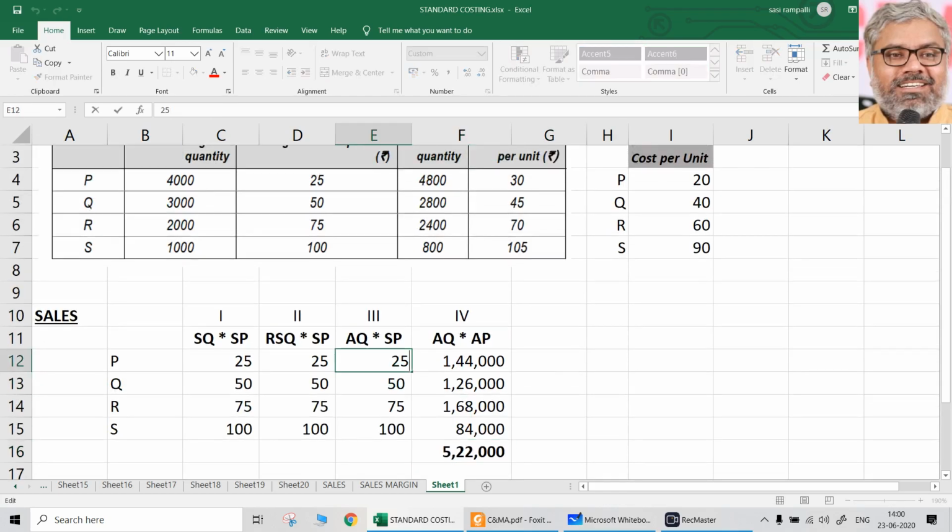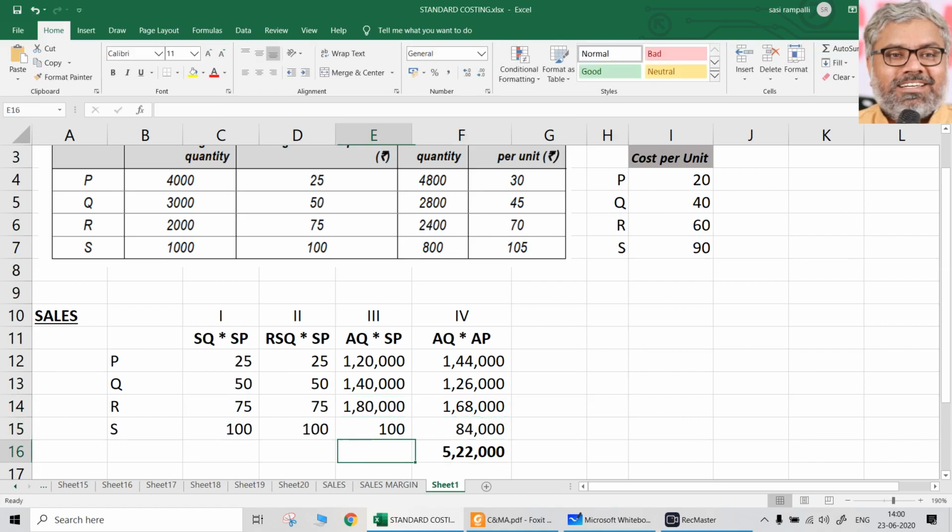Then AQSP also, here we can have the same thing: 4,800 AQ for product P, 2,800 for product Q, 2,400 for product R, and 800 for product S. That's all.